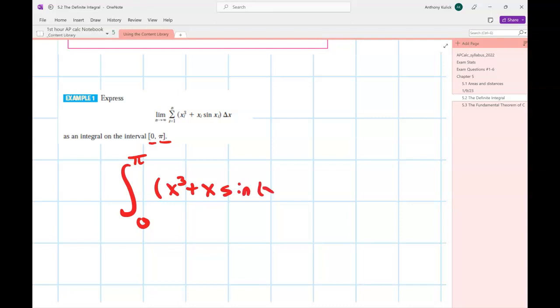So just x cubed plus x sine x. Notice I dropped the subscripts here. And then at the end, in place of the delta x, I have dx. And that's it. No calculation involved. We're just practicing rewriting something from one form to another. Everybody's cool?